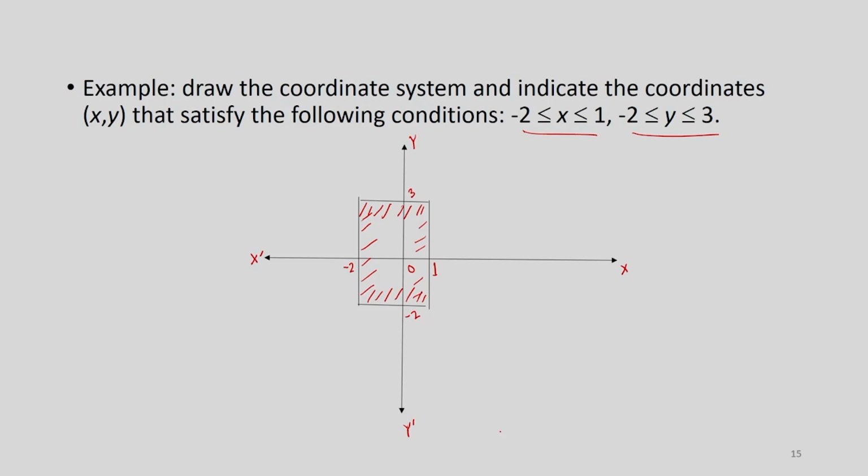So, the answer is that if you denote this rectangle by a b c d, then all x and y which lie inside a b c d as well as on its edges will satisfy these two conditions together.